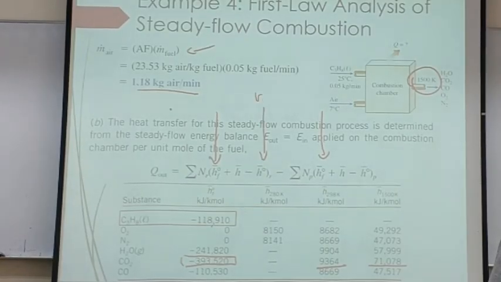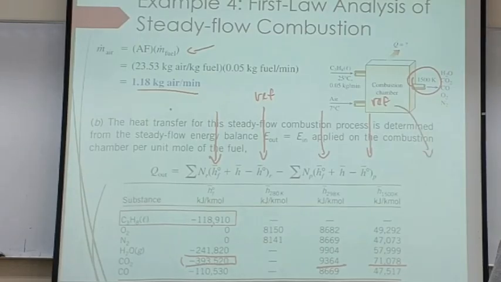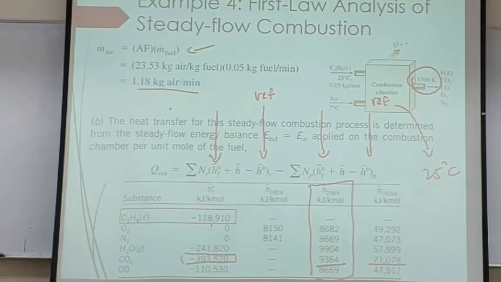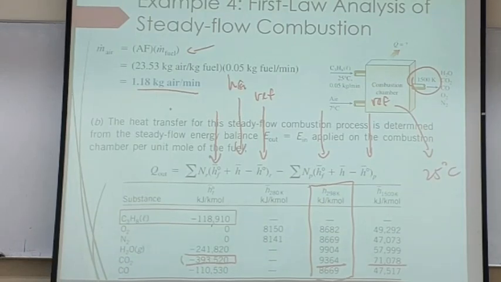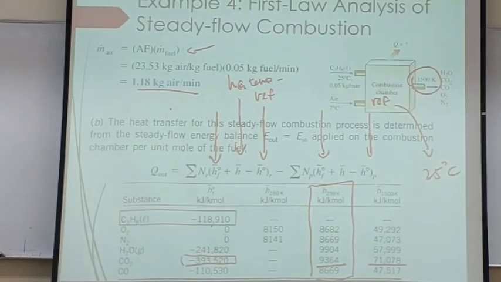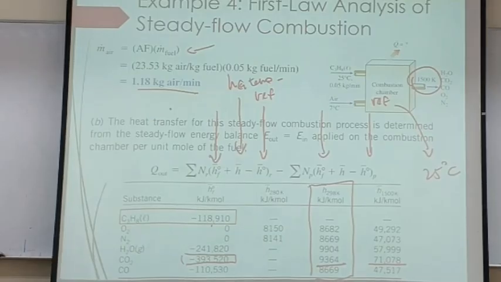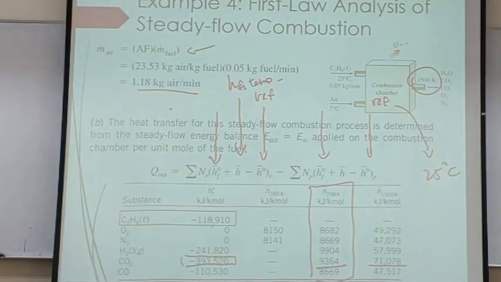This is the reference temperature enthalpy. So reference is always 25 degrees Celsius, which means we are taking all these values. This is the enthalpy at the temperature, so whatever temperature that the thing is at.